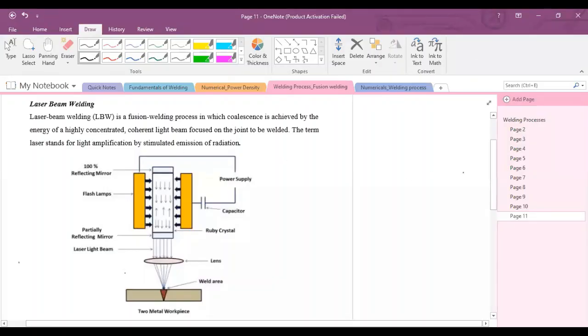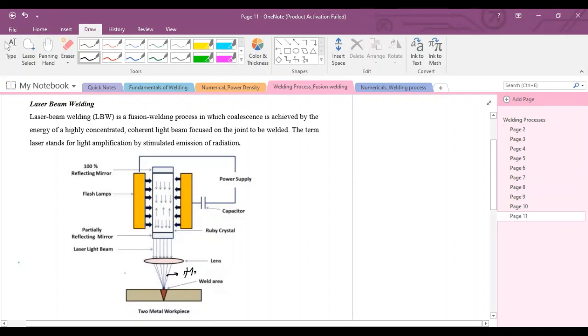Now I will explain laser beam welding. Laser beam welding is also a type of fusion welding, and it is also a type of high energy beam welding. Laser beam welding is the technique used to join multiple pieces of metal. As you can see in this picture, two metals are going to be welded with the help of the laser beam.